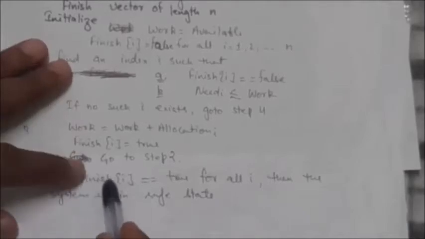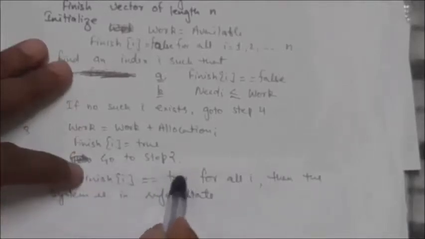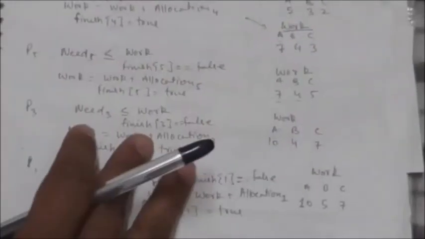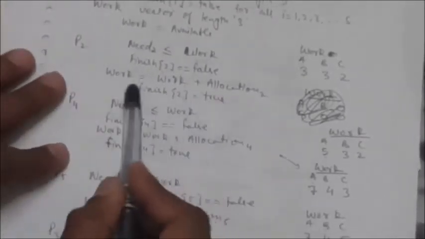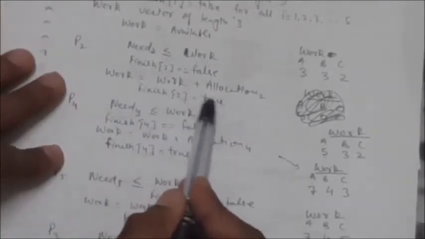Here we will check whether finish I is equal to true for all I. You can see that there are 5 processes, so in finish vector there are 5 indexes, 1 2 3 4 5. Here you can see that we have set the value true at index 2, at index 4, at index 5, at index 3, and at index 1 also.